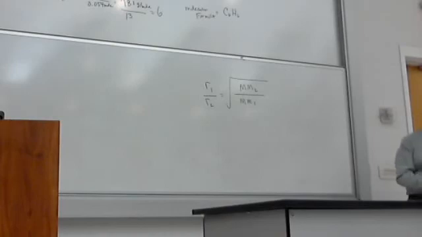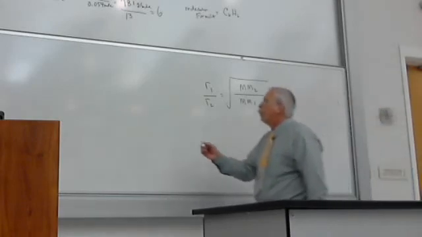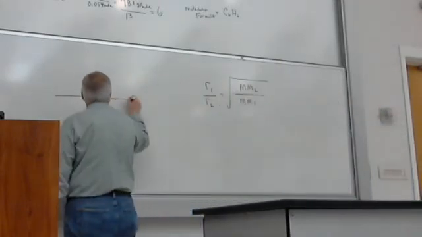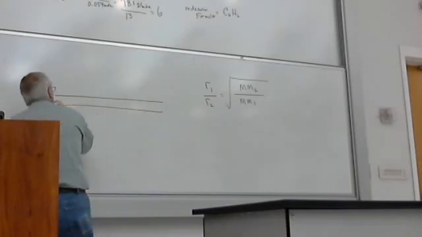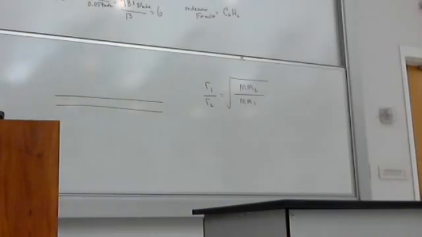Now you're going to validate this in the laboratory. What you're going to do is actually do this experiment here, where you have a glass tube that you clean out very thoroughly. And in one end, you're going to place a sample of ammonia gas.